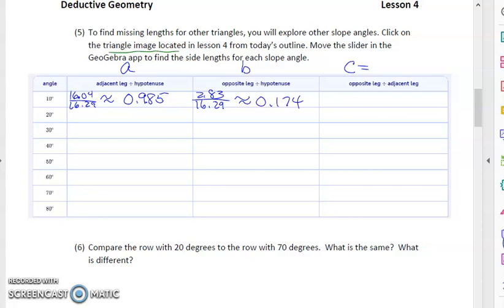And then the last one, the opposite, which is 2.83, and I divide that by the adjacent, which is 16.04, and what I get is approximately 0.176. So hopefully your approach is the same as this, and continue working.